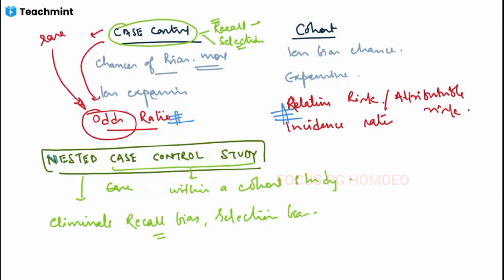So case control study is concerned with recall bias and selection bias. So this was about the case control, cohort and nested case control study. Why do we do a nested case control study? To eliminate recall and selection bias.